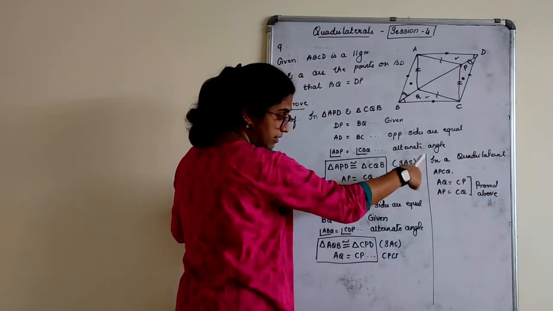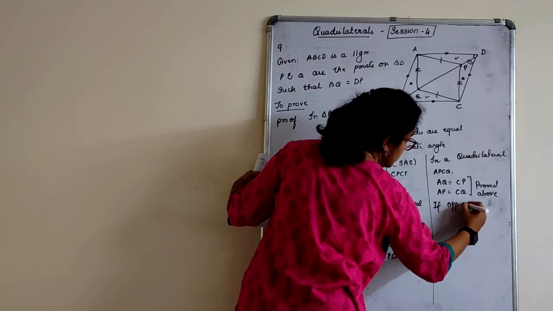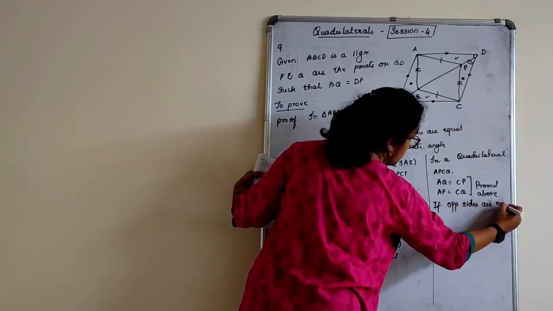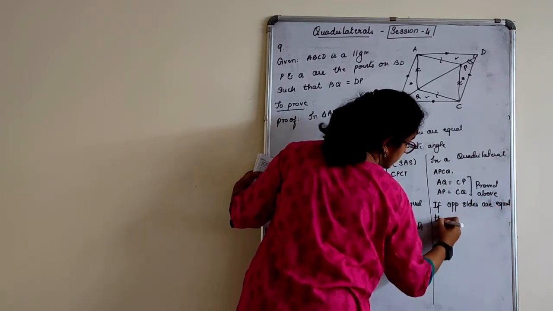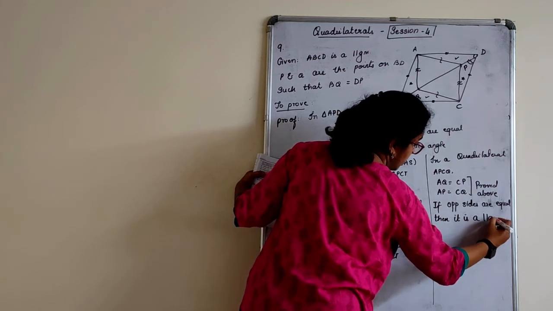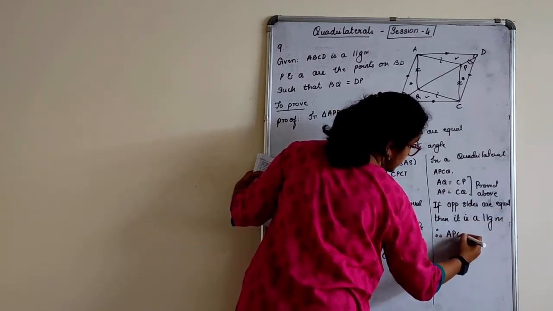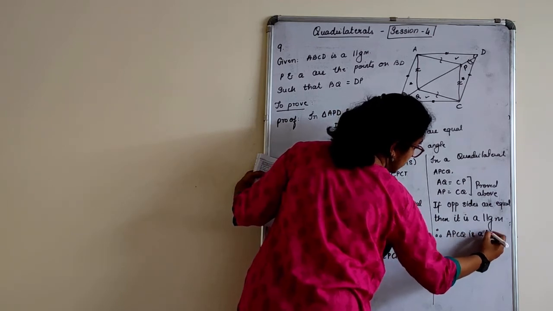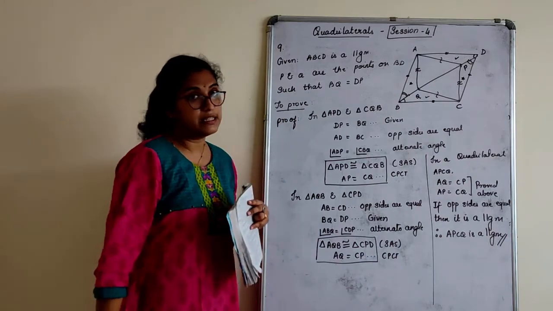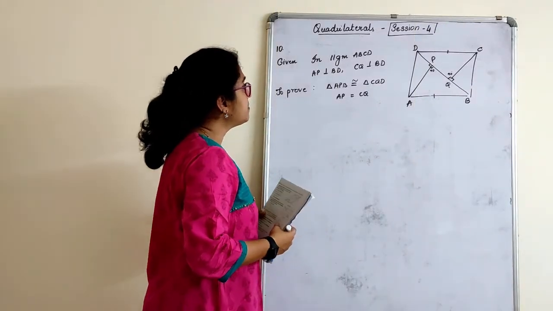In a quadrilateral, if opposite sides are equal, then it is a parallelogram. Therefore, APCQ is a parallelogram. Hence proved.